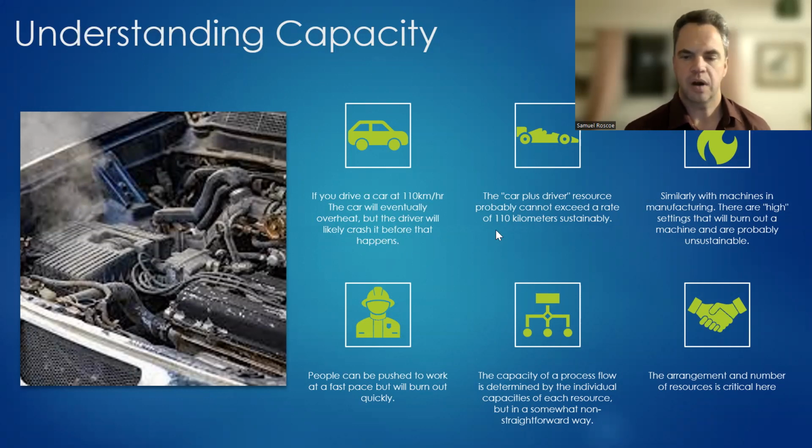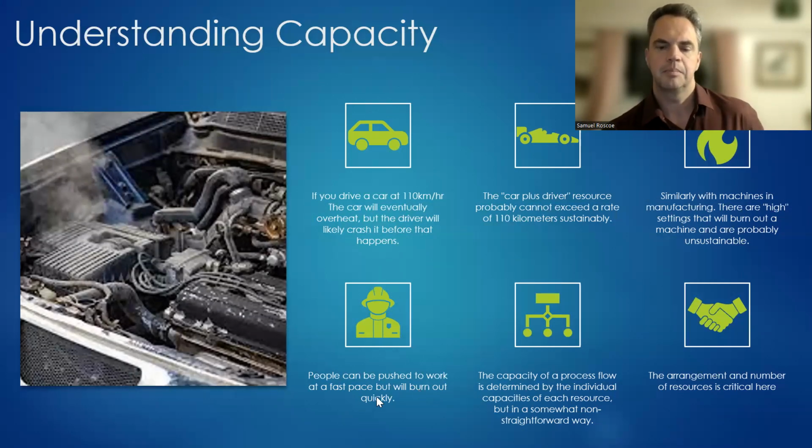The car plus the driver are your resources within this particular operation, and together they cannot exceed a rate of about 110 kilometers sustainably. Similarly, with machines in the manufacturing process, there are high settings that will burn out a machine and are probably unsustainable. People can also be pushed to work at a very fast pace, but eventually will burn out.